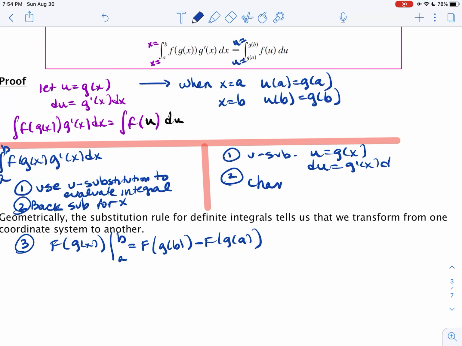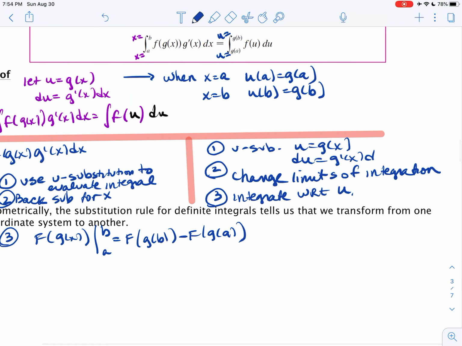Step 2 would be change your limits of integration to be in terms of u, and then you would integrate with respect to u. And then you would have your f of u, from u equal to g of a to u equal to g of b. In other words, you do not back substitute, and you would still get F of g of b minus F of g of a.